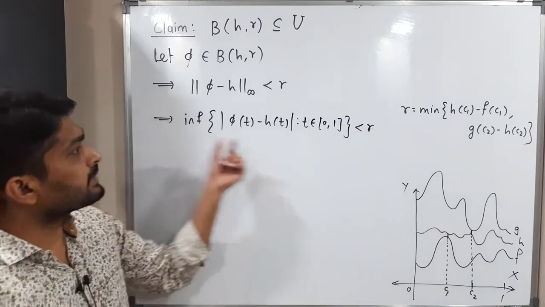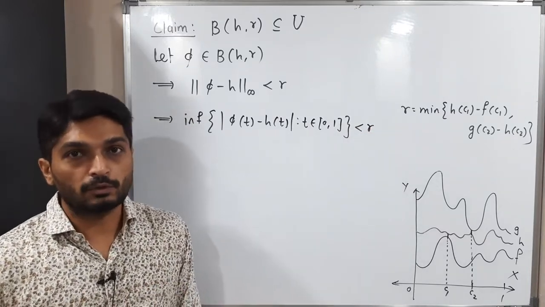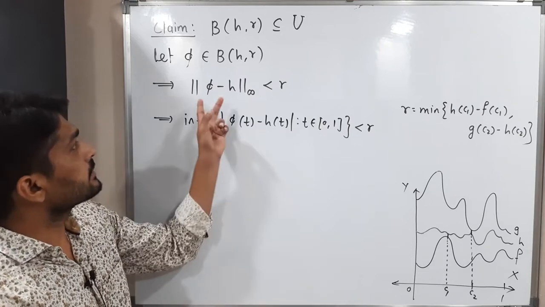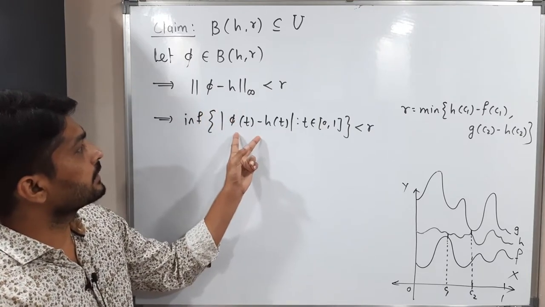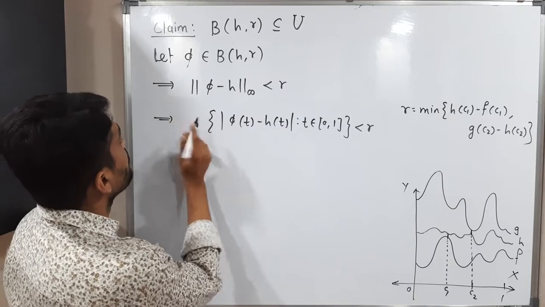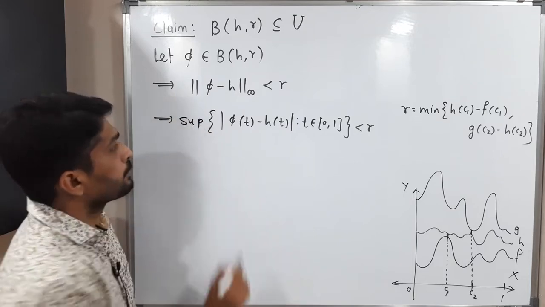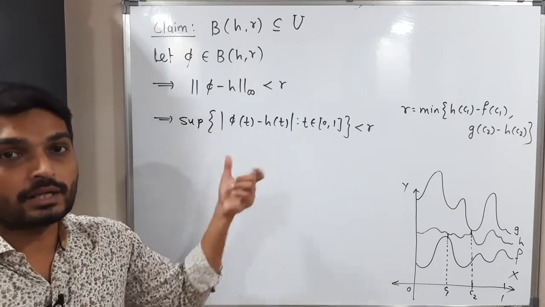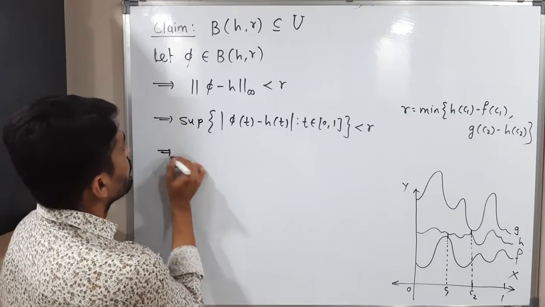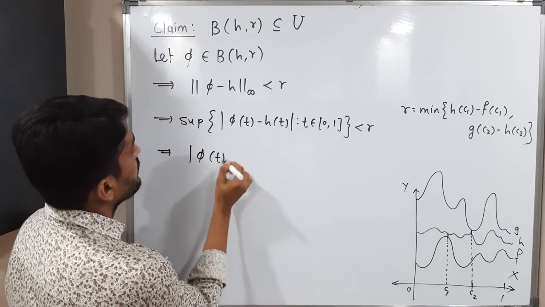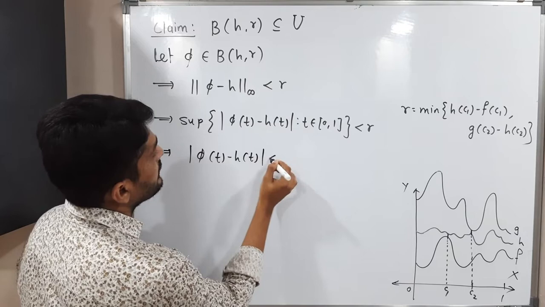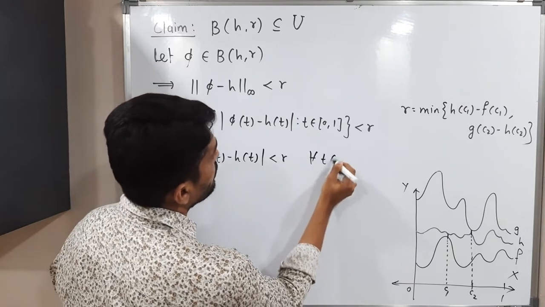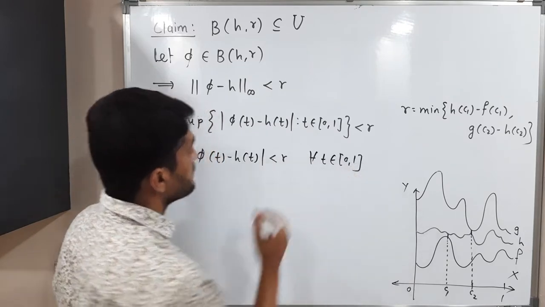Okay, so what can we say here? Sorry, I should write supremum here. It's a supremum. So the supremum is less than r, so each mod is less than r. Therefore we will have mod phi of t minus h of t less than r for all t belonging to the closed interval 0, 1.